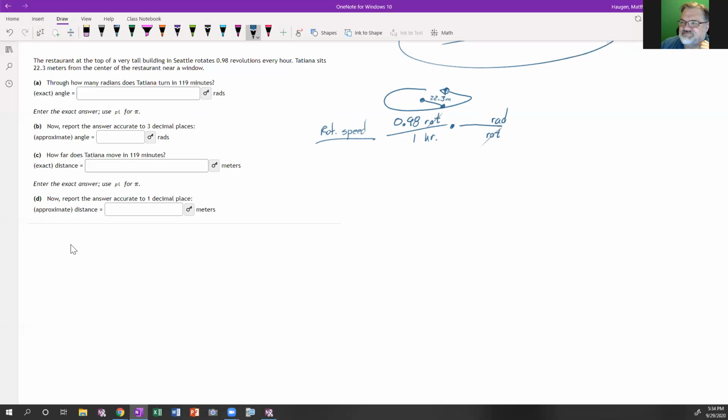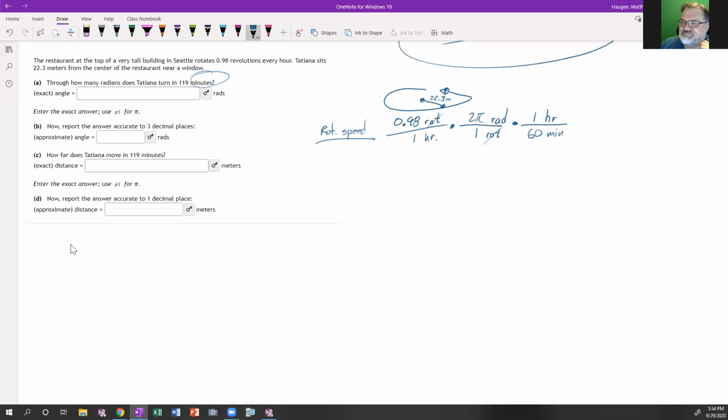We know that there are 2 pi radians in 1 rotation. So if we did that, that would get us into radians per hour. But we're asked this question in minutes. So it might be nice while we're here to turn this into minutes. So I'm going to do that too. I'm going to get rid of the 1 hour and turn that into 60 minutes.